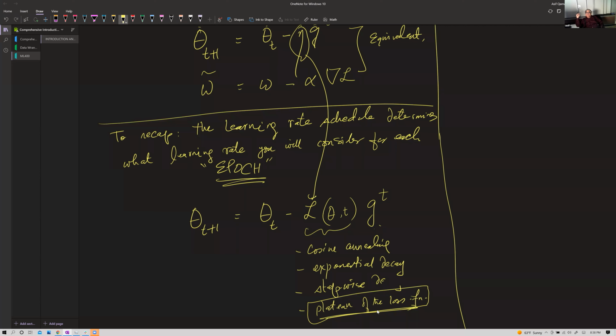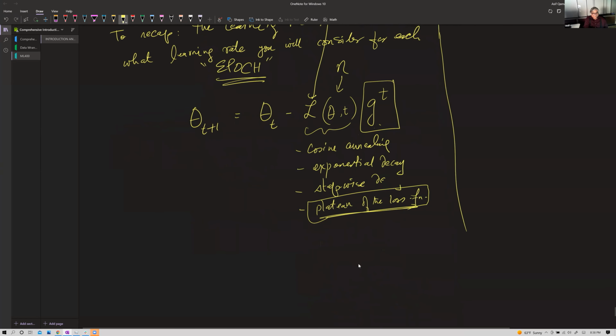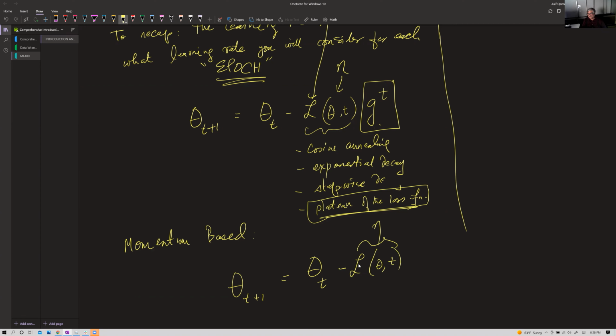All right, guys. So one thing is there: eta, the learning rate, became this, but we did not play around with the gradient. Now we are going to play around with the gradient. The next step is theta t minus, and whatever your learning rate is, I don't care, maybe you leave it as a constant eta, for the sake of this argument, to keep both of these things separate.